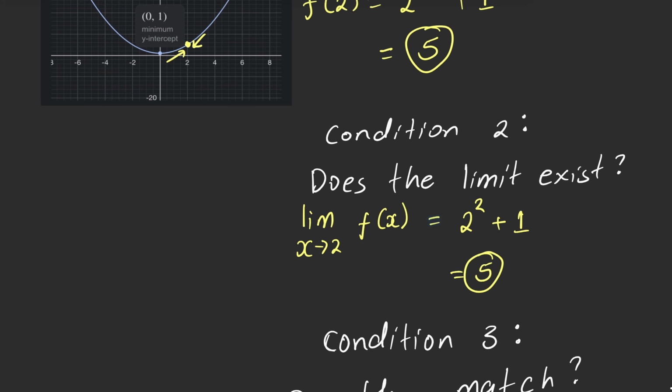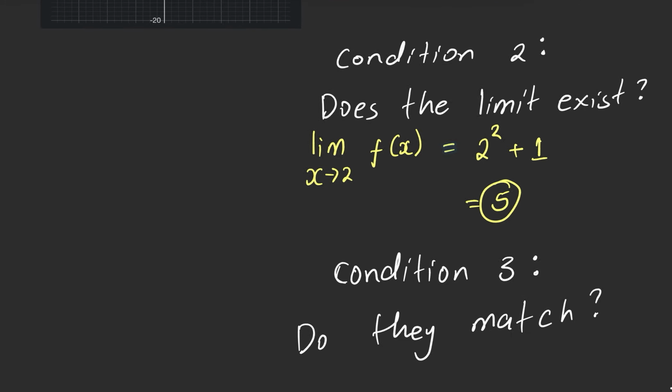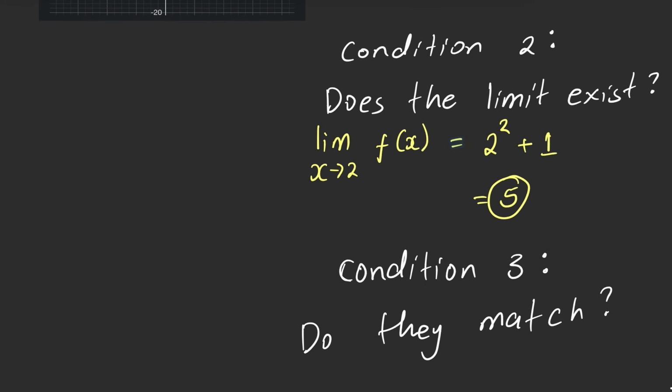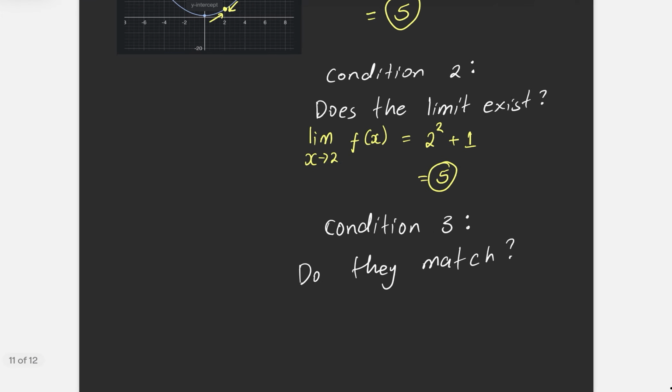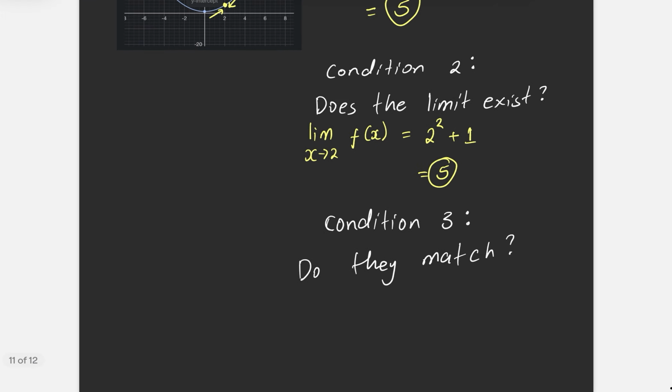And then lastly, you want to make sure that the limit as x approaches 2 of f of x equals f of 2. So you're asking yourself, do condition 1 and condition 2 match? Condition 1, f of 2, and the limit as x approaches 2 of f of x from condition 2 both equal 5.